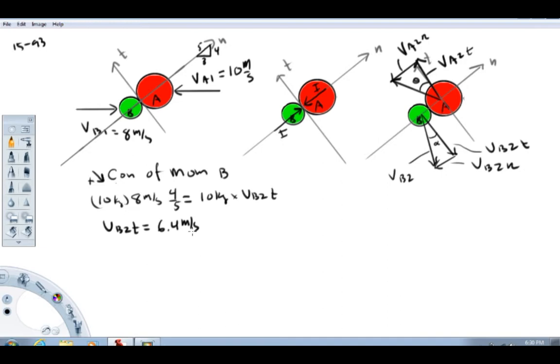Now I'm going to write a similar equation for mass A. Conservation of momentum for mass A, again, down and right positive. Mass A's momentum is 15 kilograms times 10 meters per second times, again, the sine of the angle theta.